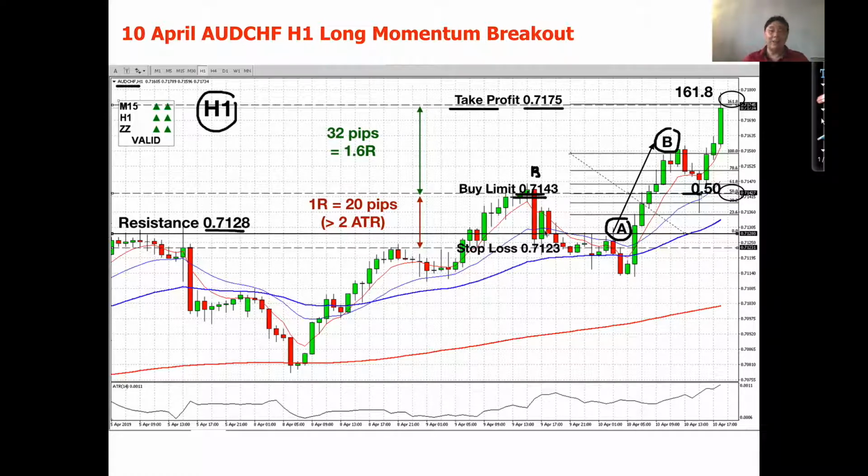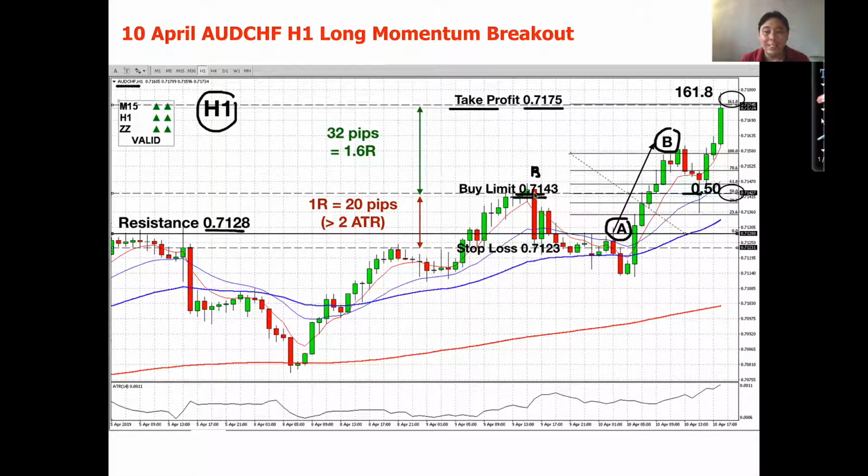Resistance becomes support. So this 50% retracement is a significant level because it's a level of previous resistance becoming support. That gave me more confidence that this was a significant level. Not only that, but from B to the 50% retracement was 2 ATR. So it met both criteria. So I said, okay, great, that's a strong level. Let's place our buy order there.